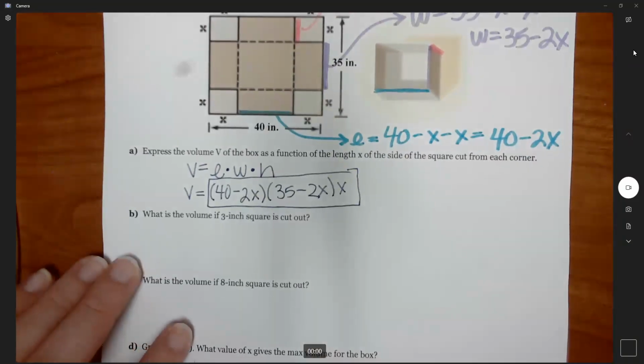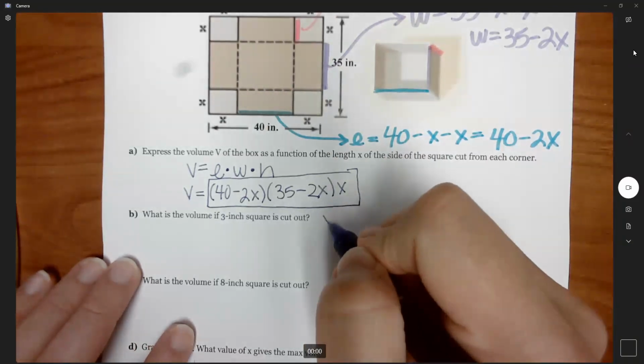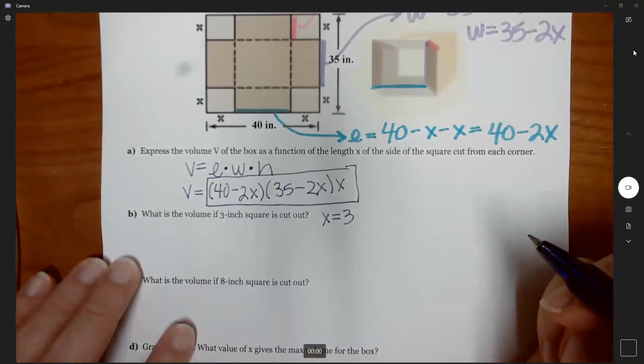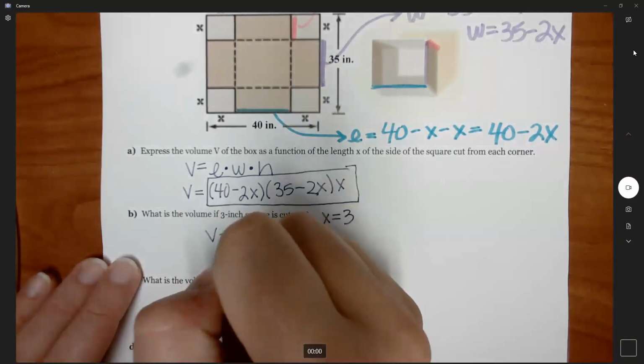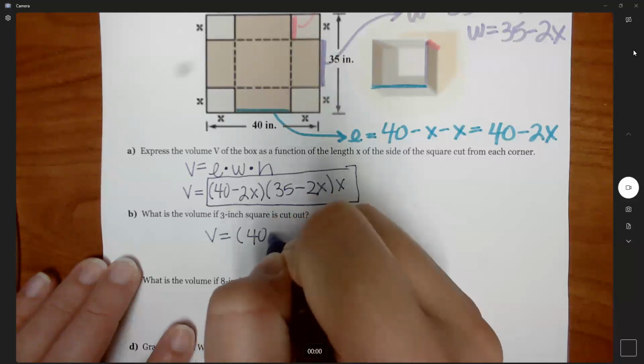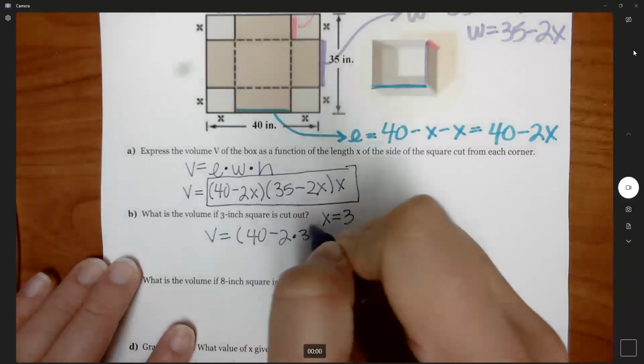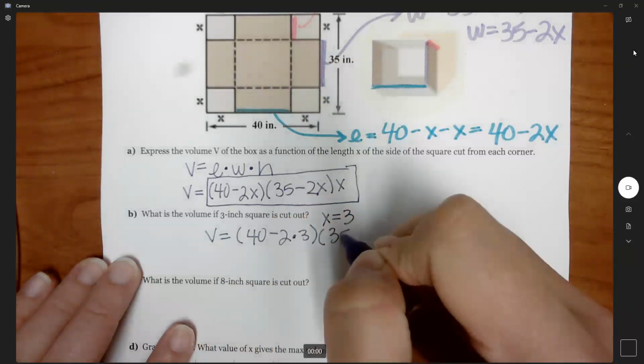Part B wants to know what is the volume if 3-inch squares are cut out. That means my X is 3. So I'm taking my volume formula and replacing that X with 3.